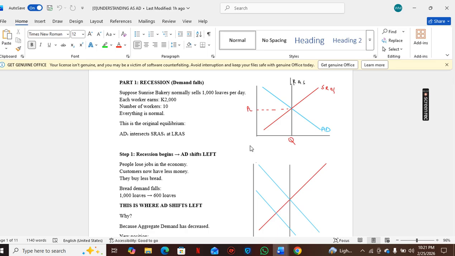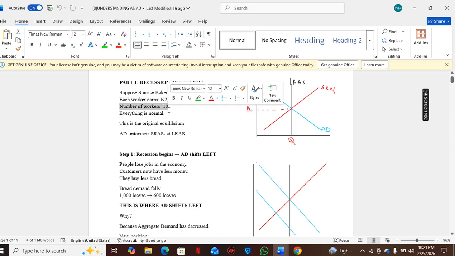So for this bakery, we assume it's got 10 workers, all the labor they can acquire so far. Obviously the ovens, maybe they've got 5 ovens. They've got maybe 2 factories, that's all the land they can acquire. So once they utilize all these factors of production, they're able to produce 1,000 loaves.